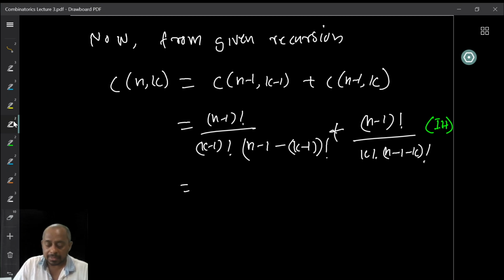Now from the induction hypothesis, C of n minus 1 comma k minus 1 is n minus 1 factorial by k minus 1 factorial into n minus 1 minus k minus 1 factorial. And C of n minus 1 comma k is n minus 1 factorial by k factorial into n minus 1 minus k factorial. This is the induction hypothesis, right? So this holds for these two because we can do the induction on the sum of n and k, n plus k. So that one of them is smaller, the sum is smaller, then we can use the induction hypothesis.